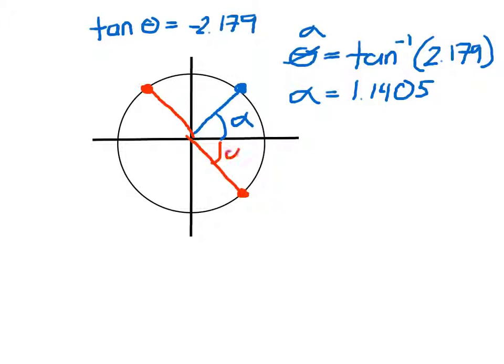And we know that this guy right here is also equal to alpha, and this guy right here is also equal to alpha. So if I want to find this angle and this angle, I see that the first one is simply pi minus alpha, and the second one is 2 pi minus alpha.